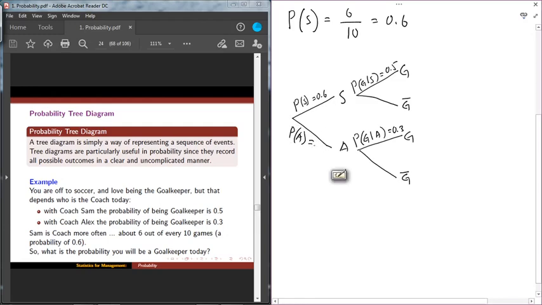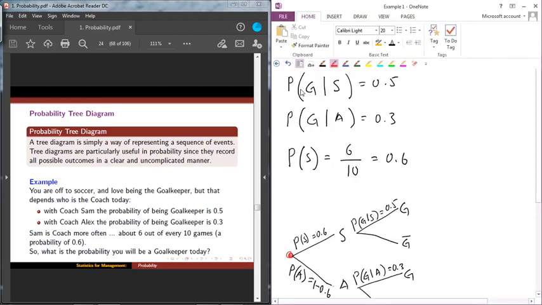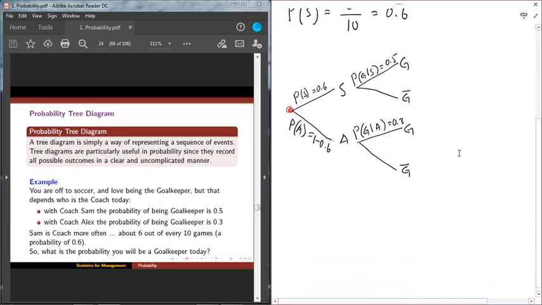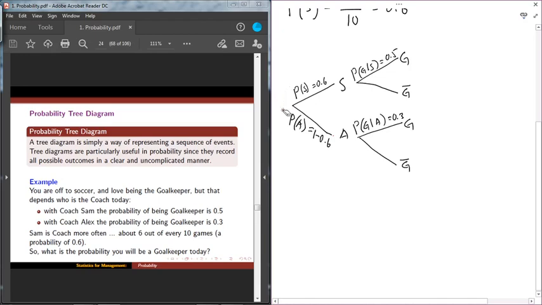So this one is actually 1 minus 0.6. Where is the 0.6? The 0.6 is here. Any of the branches out of the origin, okay, the origin is here. If you add the probabilities from the same origin, you should get 1. So this one should be 0.4.